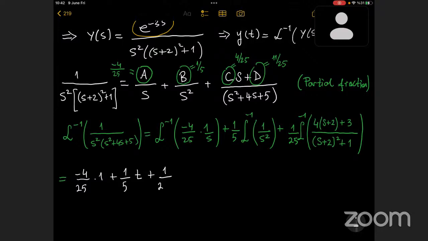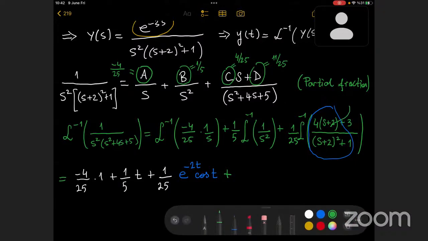1 over 25. First, the inverse Laplace of this one. Öncelikle buna bakalım. Şu kısmın inverse Laplace'ı. Bu kosinüse benziyor ama 2 kaydırılmış. Dolayısıyla it's gonna be e to the minus 2t cosine t. This is the first part. And the second part, plus, now we do this part.